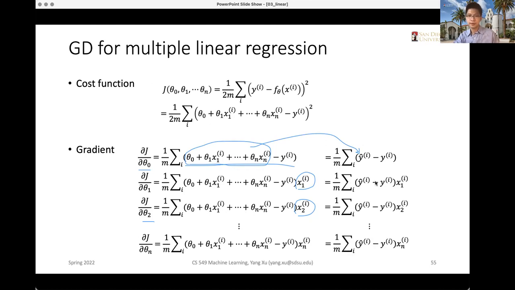And all these terms can be computed with the numpy.dot function rather than using for loops.